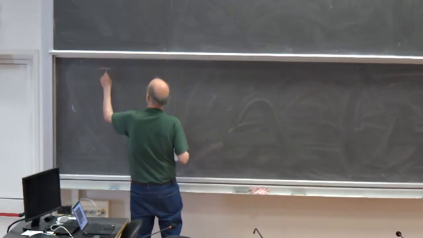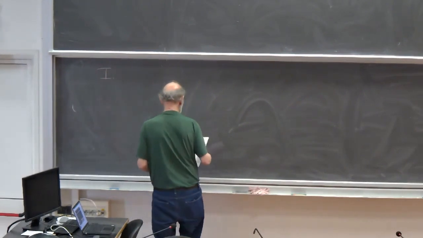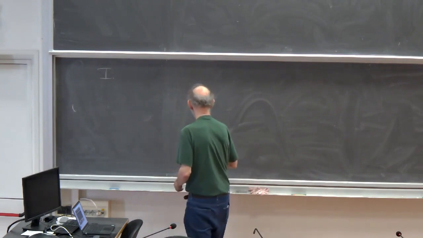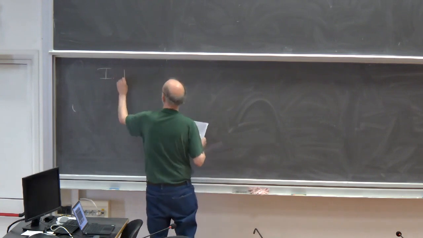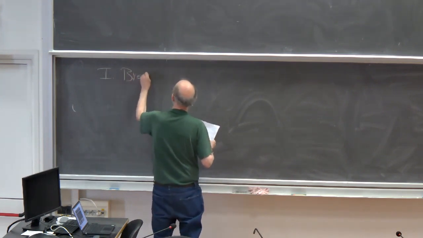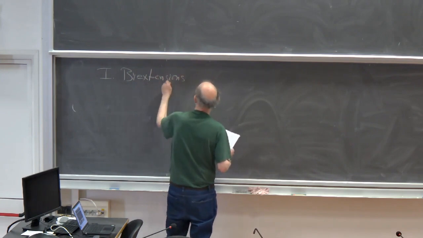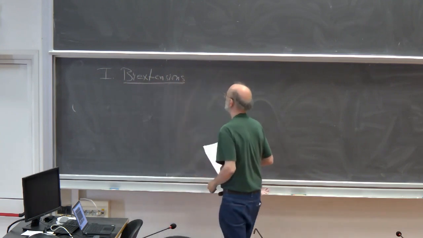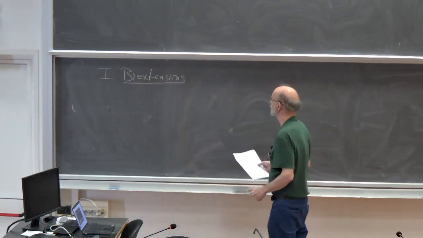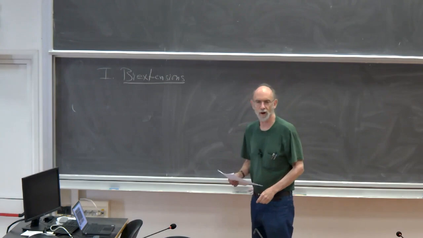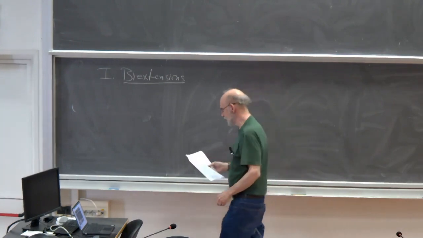So I begin by sort of a little bit repeating things that Robin said. So I want to talk about Biextensions. And unlike Robin, I'm not going to have to do much geometry, so I can describe this kind of abstractly.